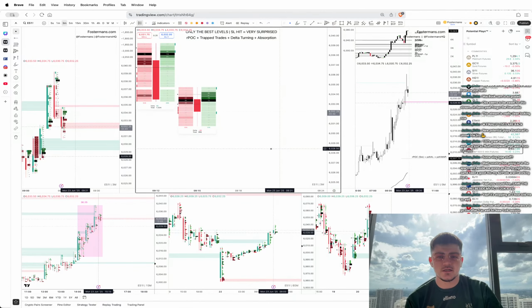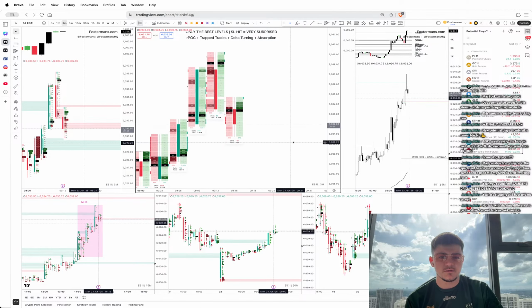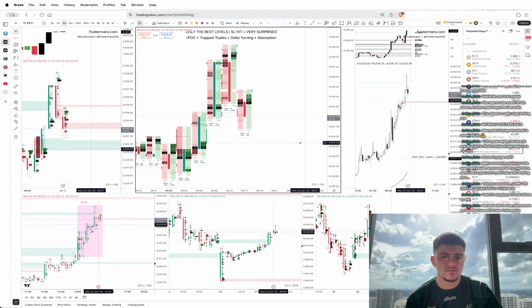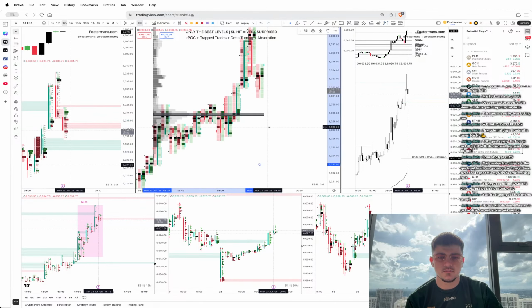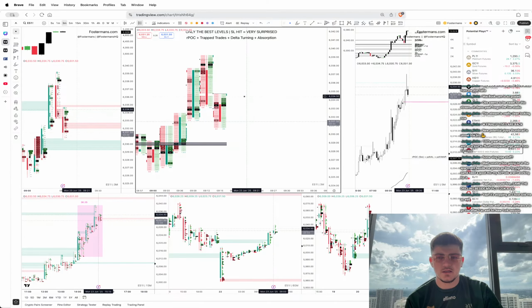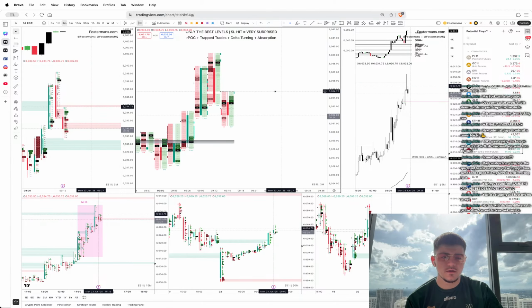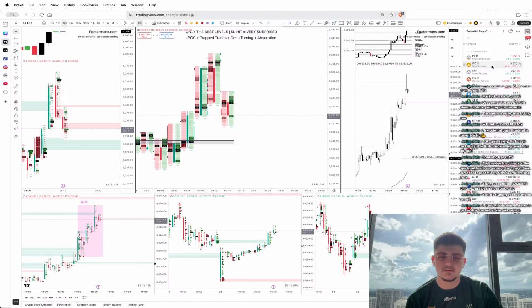Okay, so ES is actually getting that rejection off of the New York POC as well. So that little boost up to here to fill that would have been a good entry right there. You know, stop loss is decent. Stop loss is decent.